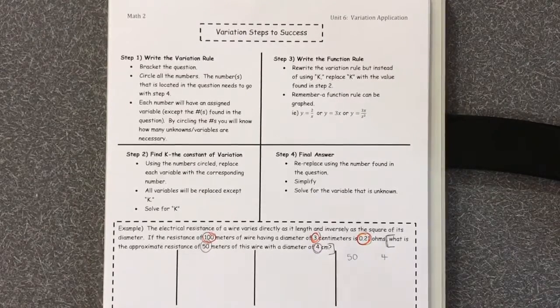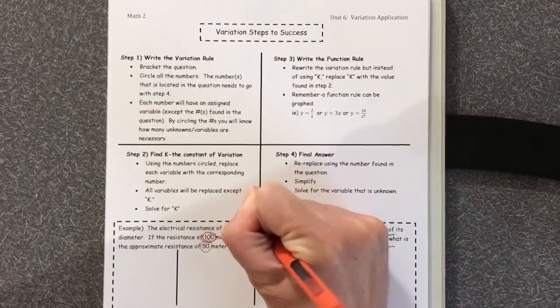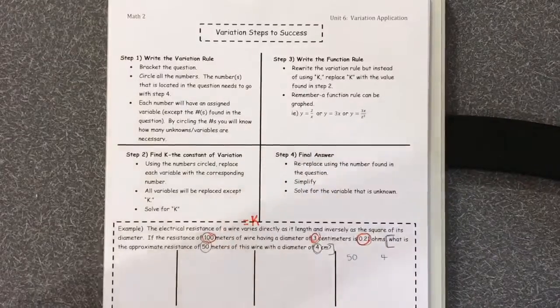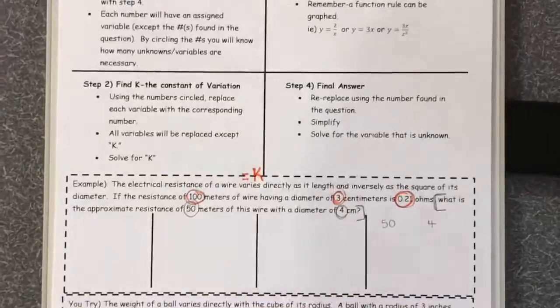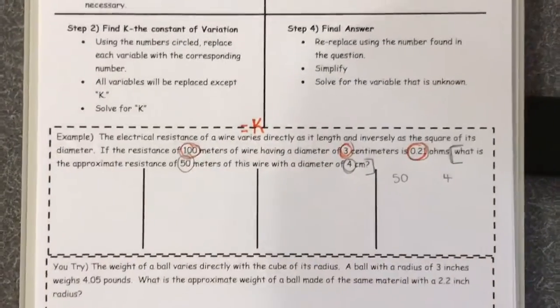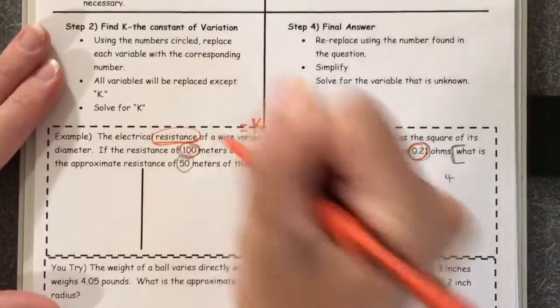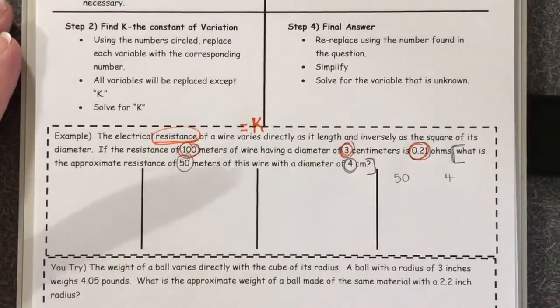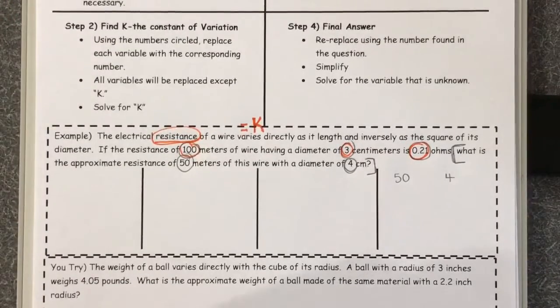So that's where I'm going to get my variation rule. If you remember the other day, I said when you see the word varies, you immediately want to write down equals K. So what equals K? The electrical resistance of a wire varies directly with its length and inversely as the square of its diameter. That sentence is where I get my variation rule.